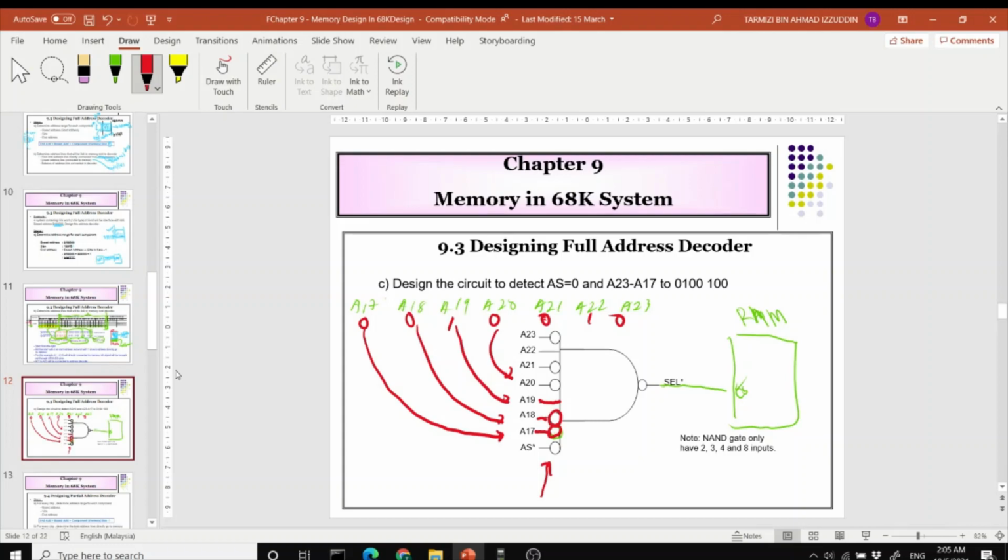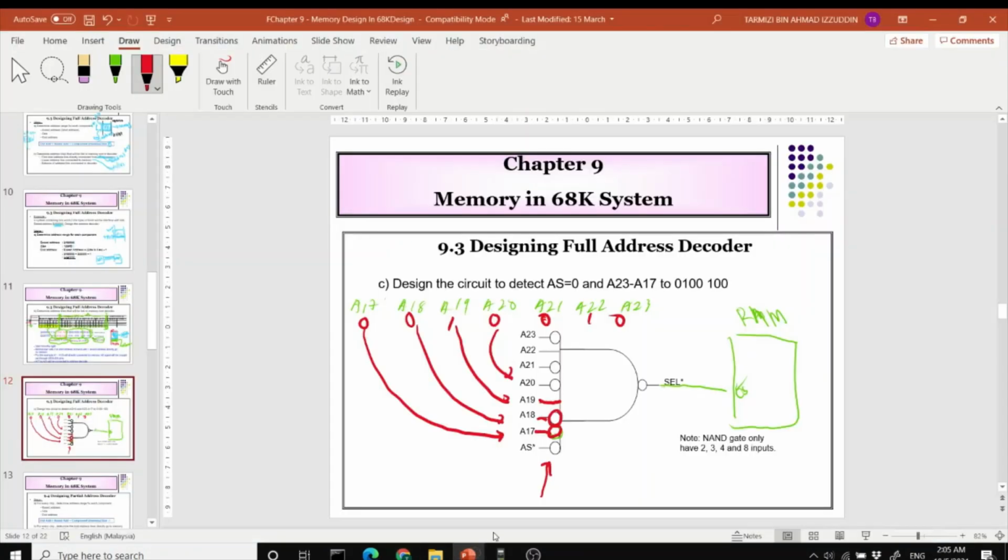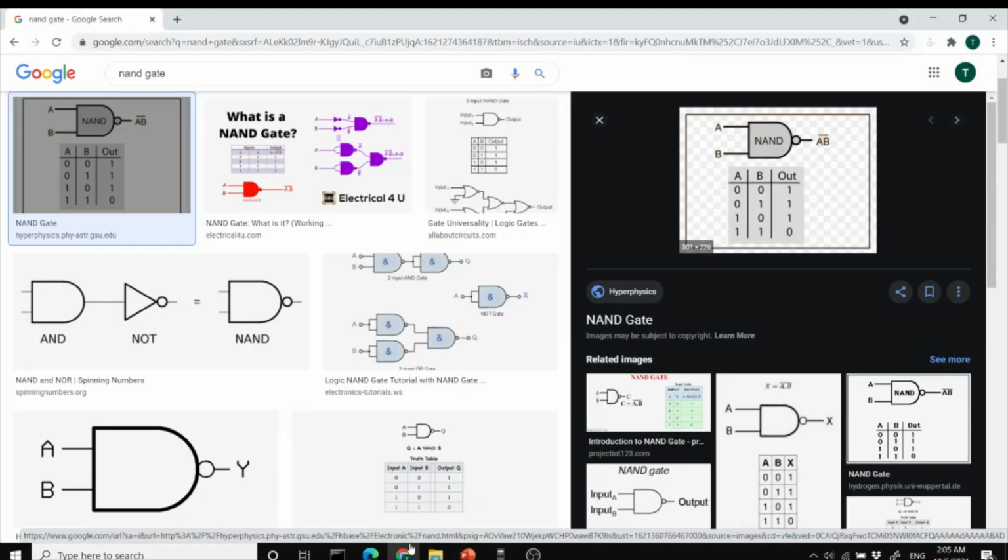So looking back at the truth table just now, for the output of the NAND gate to be 0, all of the inputs need to be 1.